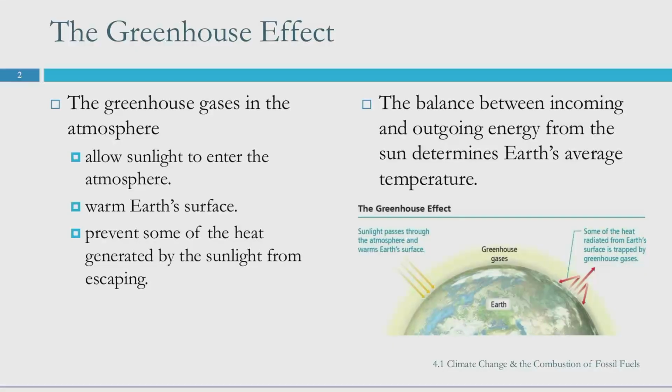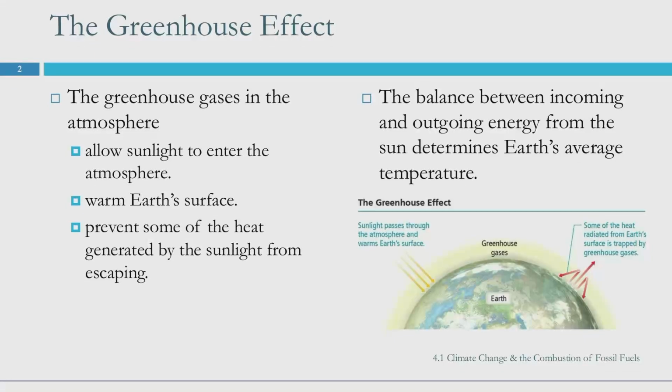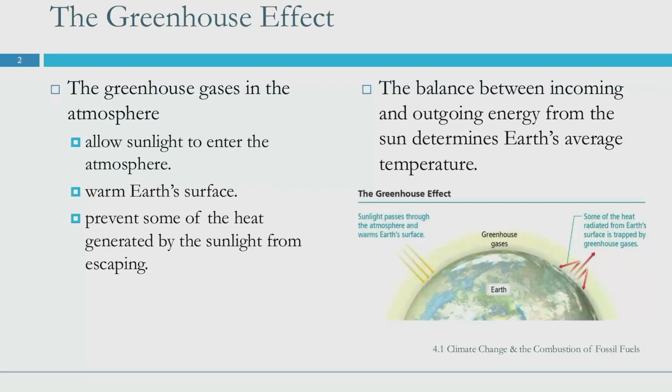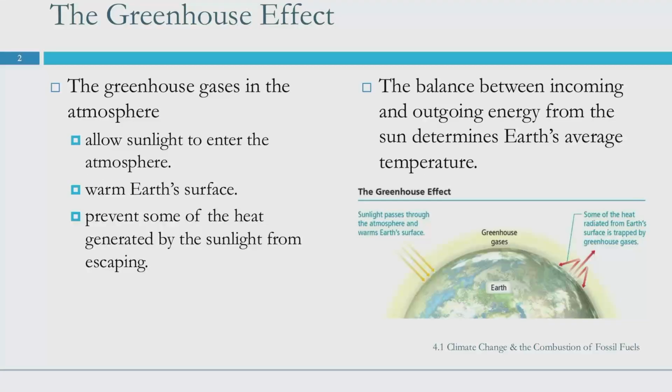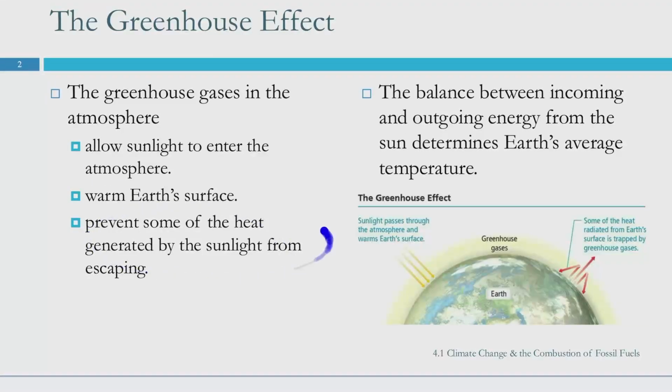Light can come in and nourish the plants and give them energy. It'll also bounce off and hit the glass, and at least some of that heat is retained. So in a greenhouse you get warmer temperatures, sunlight comes through, and it helps warm the greenhouse. It also prevents some of that heat generated by the sunlight from escaping.